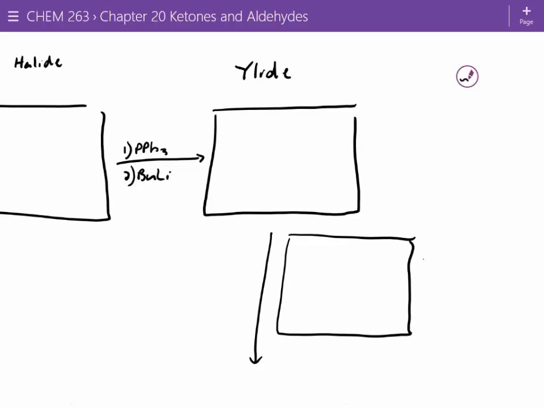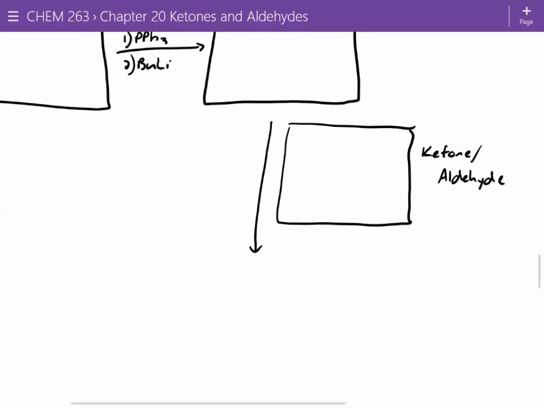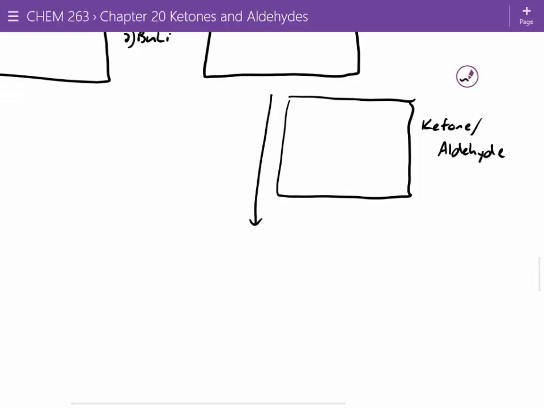And then over here you need to give your ketone or aldehyde. And then for this example, our product is going to be this alkene.